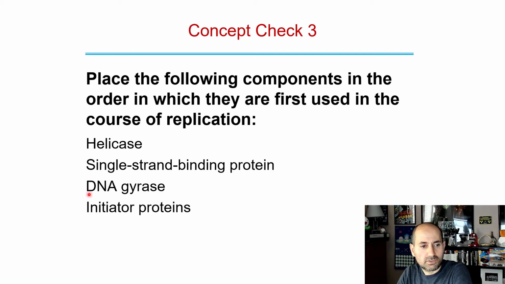The initiator proteins initiate replication, and they recruit helicase. Helicase is what actually unwinds the DNA, and then the single-strand binding proteins need to keep the DNA apart, and then gyrase keeps the DNA from twisting and coiling too much, supercoiling.